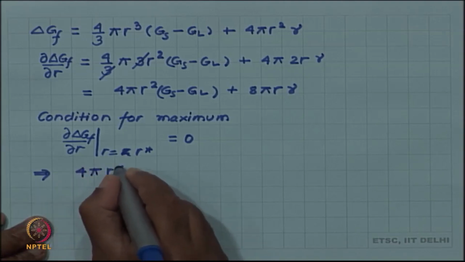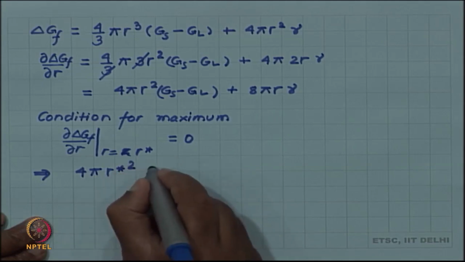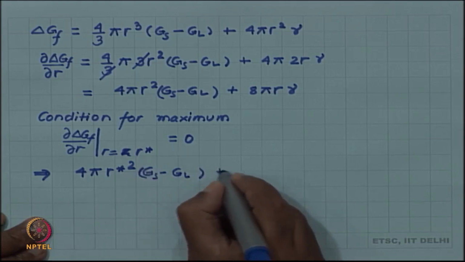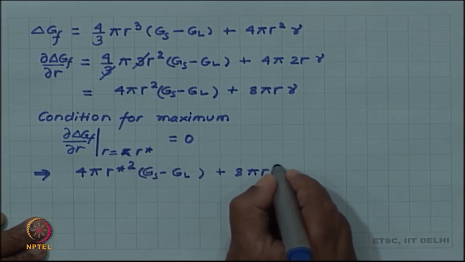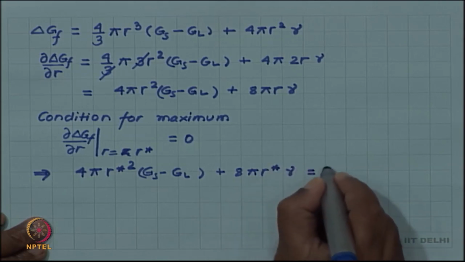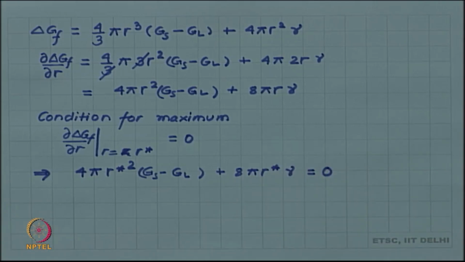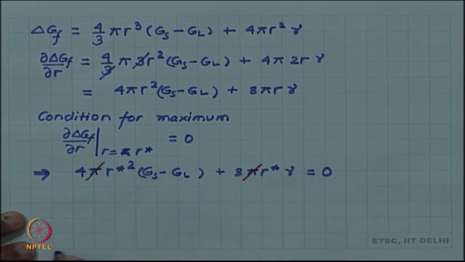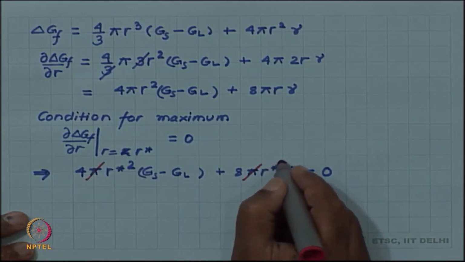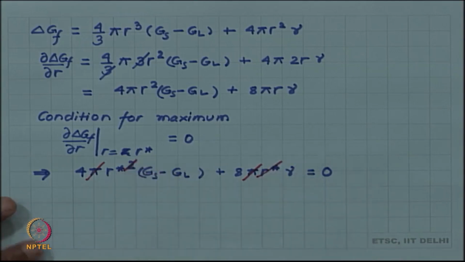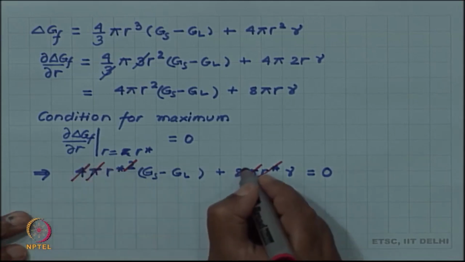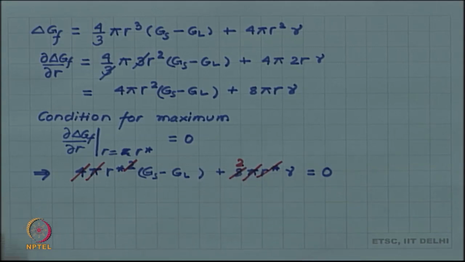So, I do that: 4 pi R star square (Gs minus Gl) plus 8 pi R star gamma is equal to 0. So, you can see now we can cancel many terms, pi cancels, R star also cancels with the cancellation of a square here, and 4 cancels with 8 here too.